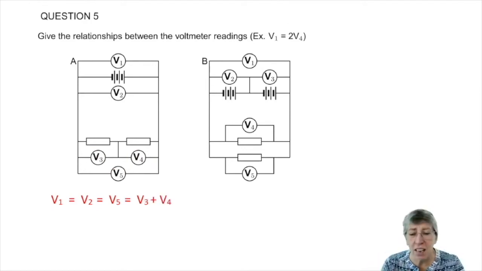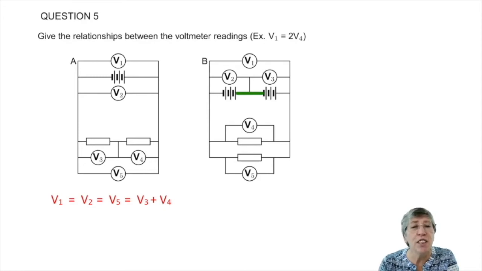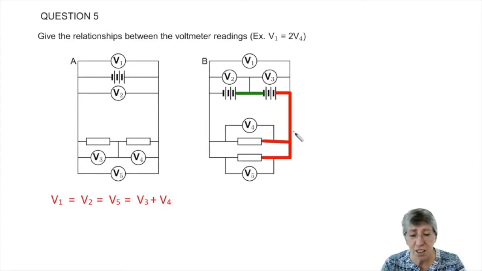With number B, you have 2 different batteries. You've got a battery over there, and you've got a battery over there of 3 cells, and 3 cells are giving a lot of energy to the charges. So when they leave that first battery, they will already have gained some energy. And when they go through the second battery, they will gain even more energy. And it's very important to understand that nothing is changing the energy over there.